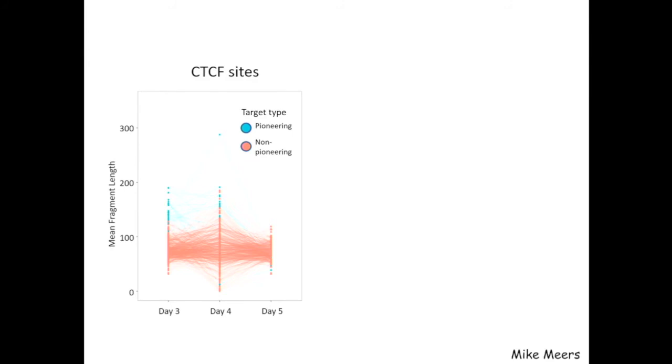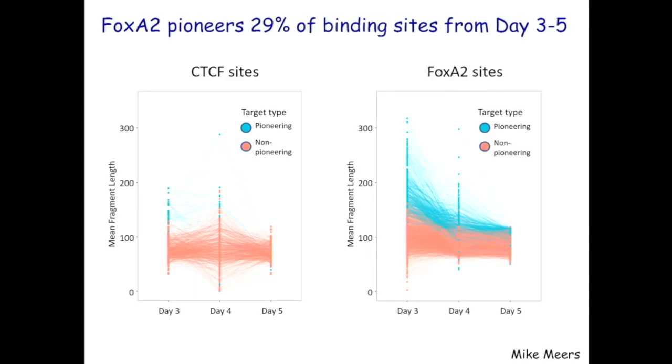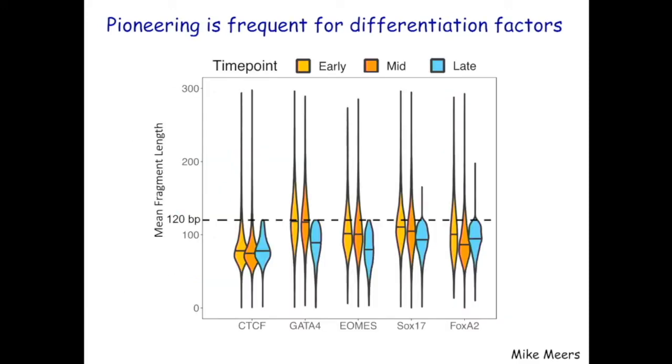Okay, so CTCF control, and there are not really very many sites that show pioneering activity. Next slide. FOXA2 is an example of a pioneer factor, and 29% of the binding sites show this pioneering activity by this assay. Next slide. And so this turns out to be quite general.